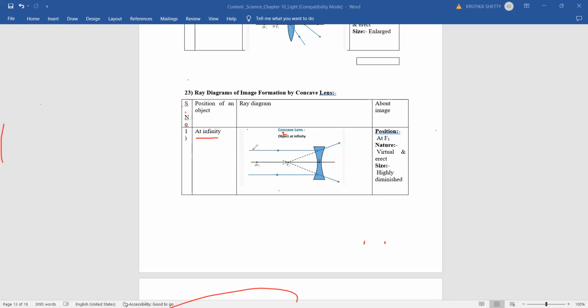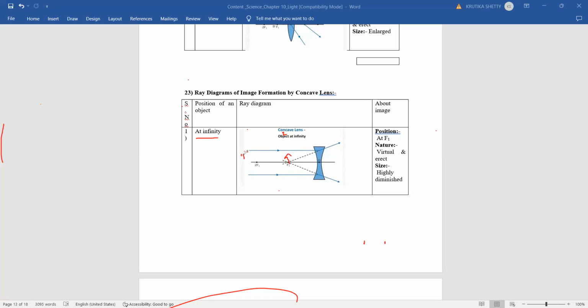So here, what will happen in concave lens? After refraction, the rays appear to pass through f1. So you can see the position of the image is at f1. Nature is virtual and erect. Why is it virtual and erect? Because the object is on the same side, and the image formed is also on the same side.